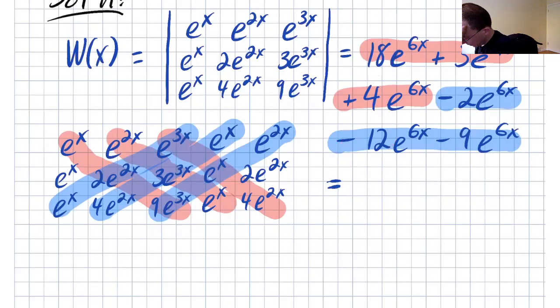And then we have another 2 here, so that's 8. And then we have minus 6. So that is going to be 2, I think.